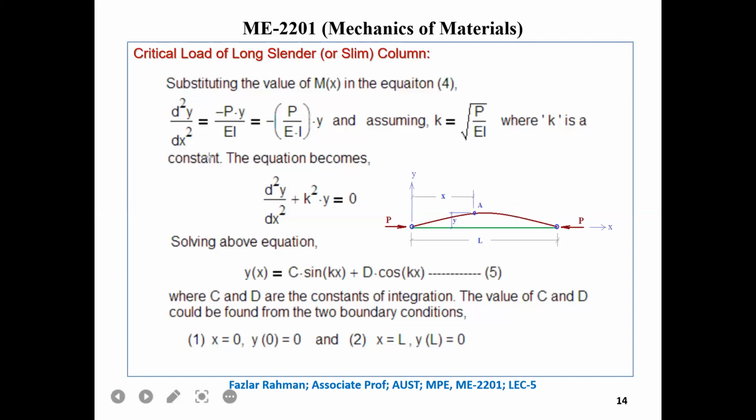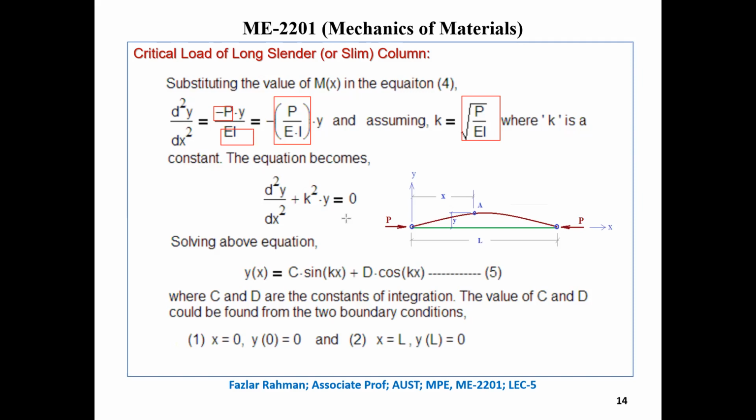That P value is constant, EI is also constant. So P by EI will also be constant. So we are thinking this value equals k square, P by EI. So k equals root over P by EI. Why are we putting this? Just for our convenience. So d square y by dx square plus k square y equal to 0.